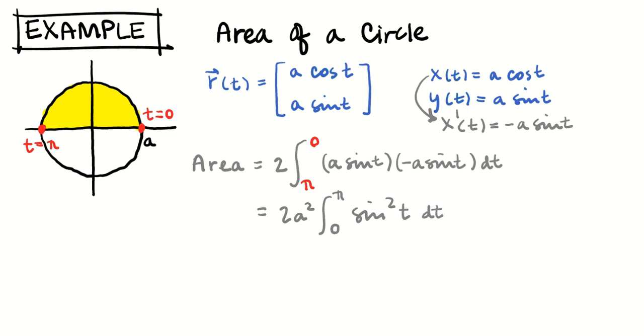Now, in order to run this integral by hand, I'm going to need to remind you of a trig identity. It's a double angle formula. Start off with cosine of 2t equals cosine squared t minus sine squared t. Then if I want to substitute on sine squared t, I need to get rid of this cosine squared t.